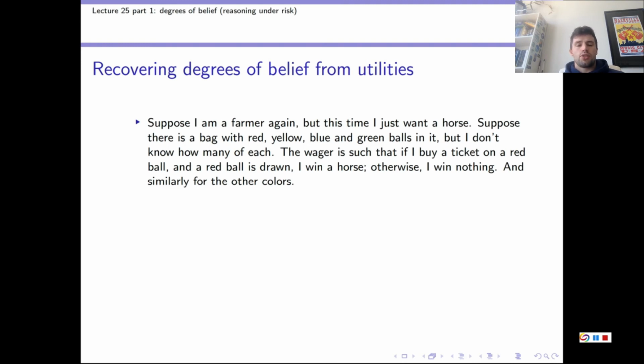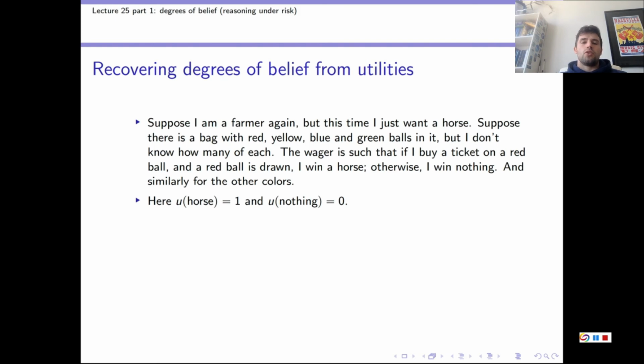So let's suppose there's a bag with red, yellow, blue and green balls in it, but I don't know how many of each. And the wager is such that if I buy a ticket on a red ball and a red ball is drawn, I win a horse, otherwise I win nothing. And similarly for the other colours. So if I buy a ticket on a blue ball and a blue ball comes out of the bag, I'll win a horse, otherwise nothing, and so on.